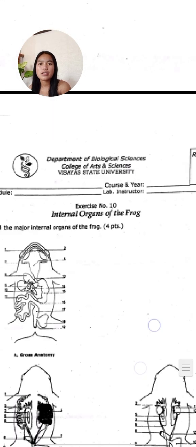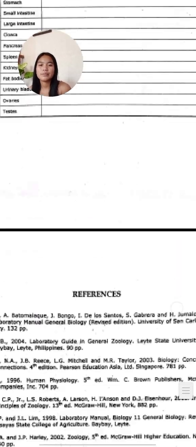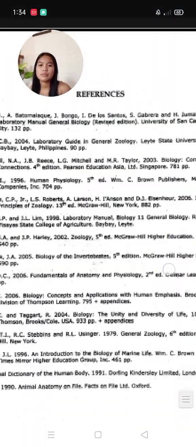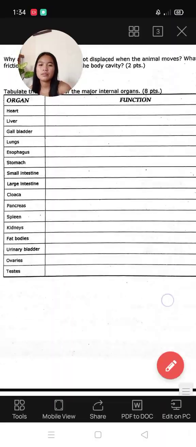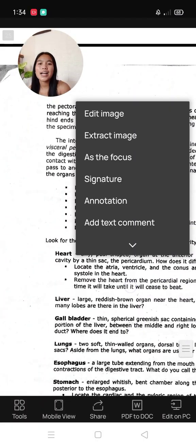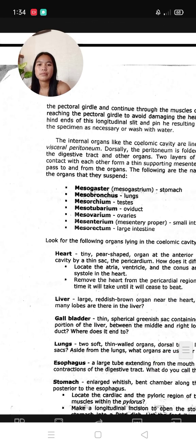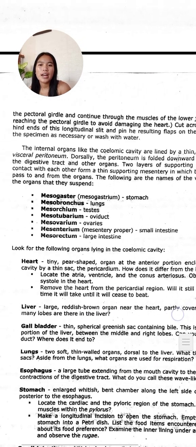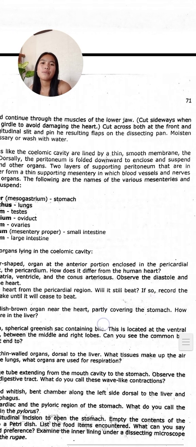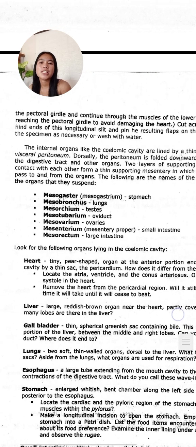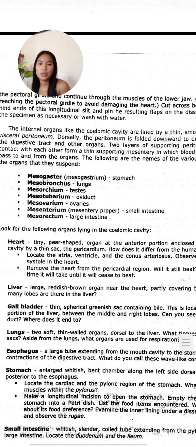Cut across both at the front and hind ends of this longitudinal slit and pin the resulting flaps on the dissecting pan. Moisten the specimen as necessary or wash with water.